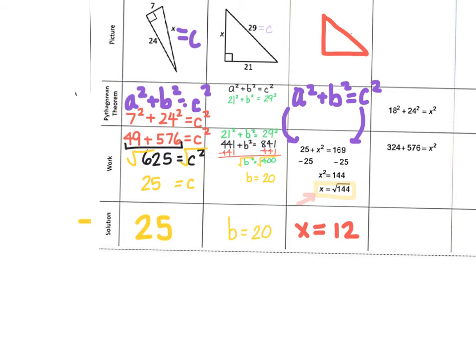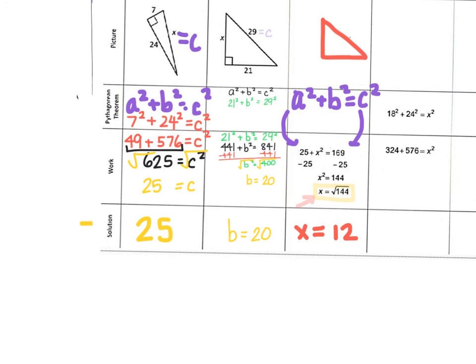If a squared is 25, then what is a? You would have to find the square root of 25. The square root of 25 is 5. So 5 squared plus b squared equals c squared. Well, what's the square root of 169? That would be 13. Now we have the three sides of our triangle.